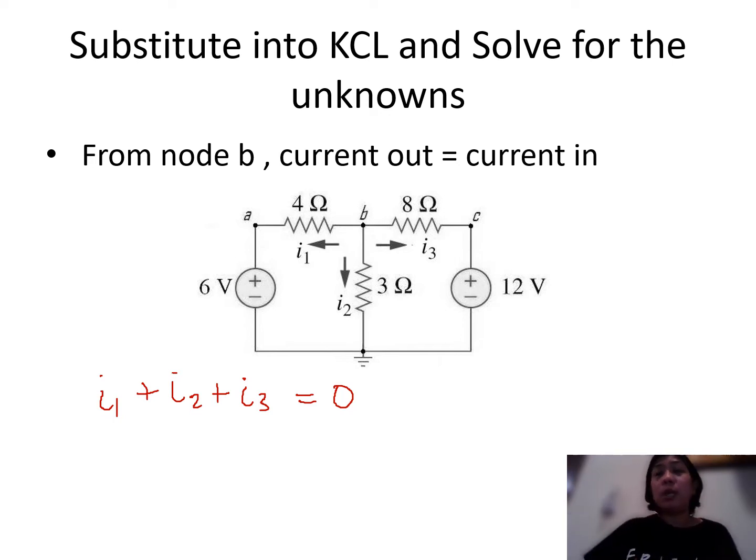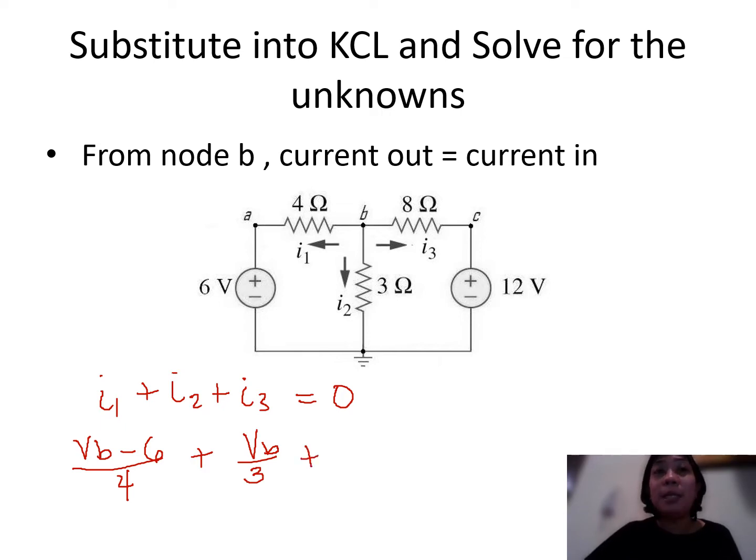So what are those? For example, what is I1? Okay, so I1 is equivalent to VB minus 6 all over 4, plus, what is I2? I2 is equivalent to VB all over 3. And what is I3?